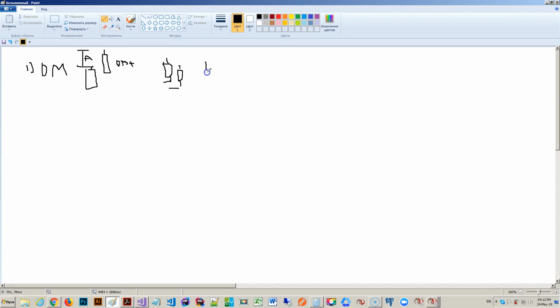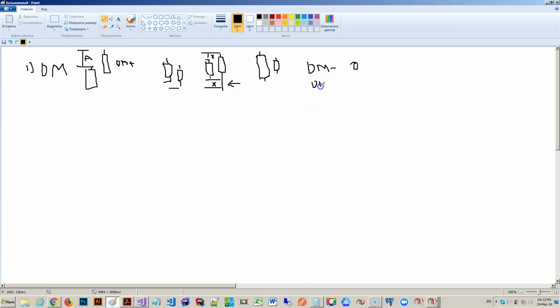If we have something like this, we take this distance and compare it to this distance, compare these two values and take the biggest one. And if we have something like this, then we consider both DM plus and DM minus to be 0.